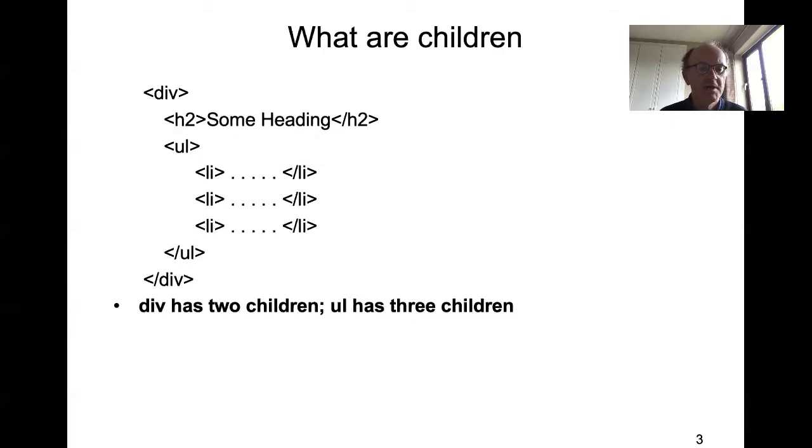I could also say that the UL element there has three children, where the children are LI elements. So that's just defining this term children in the context of HTML, because children is actually an important aspect of JSX as well, as it turns out.